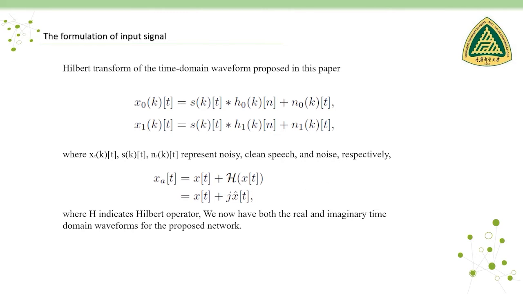We use the Hilbert transform to process the time domain input feature, where H indicates the Hilbert operator, and now we have both real and imaginary time domain waveforms for the proposed network.